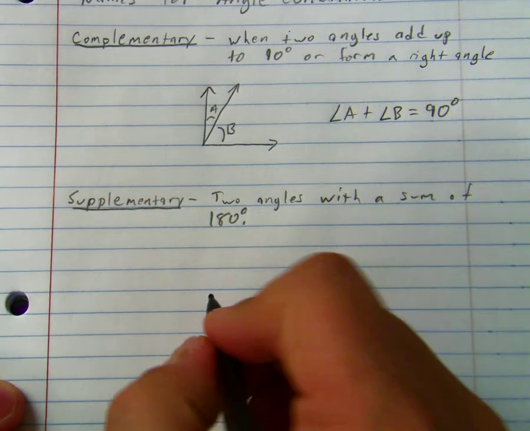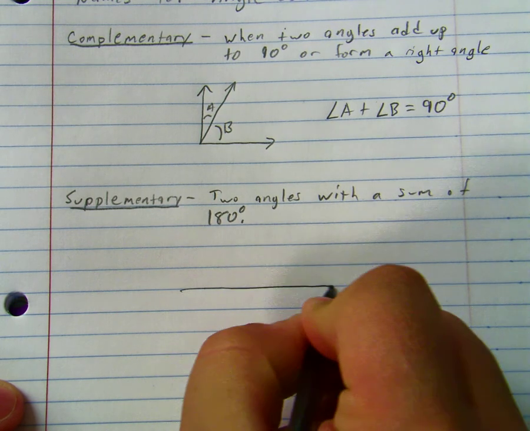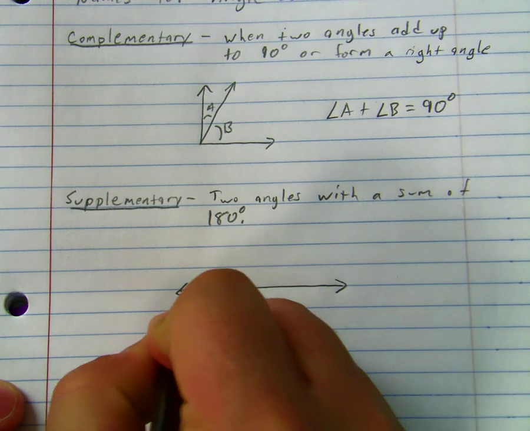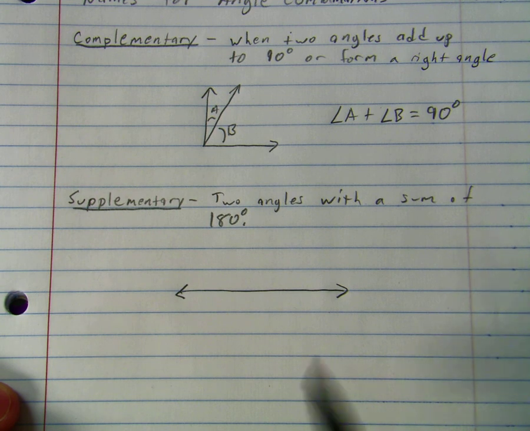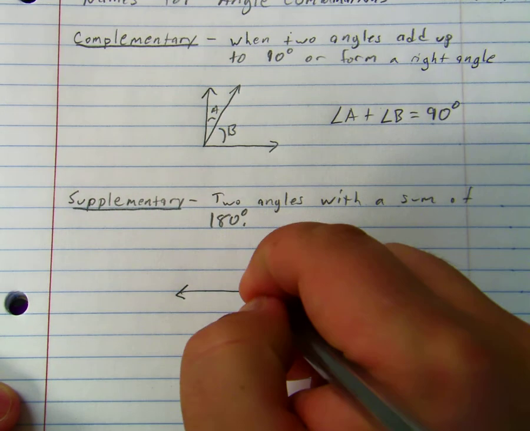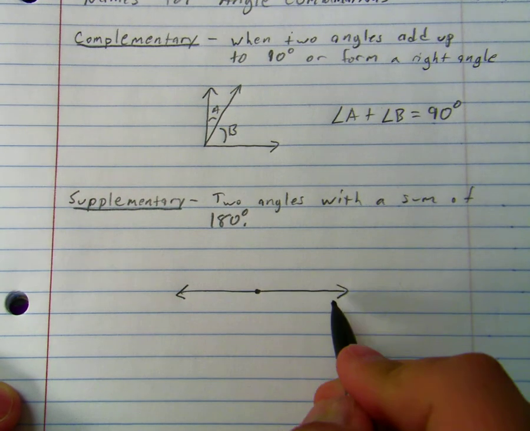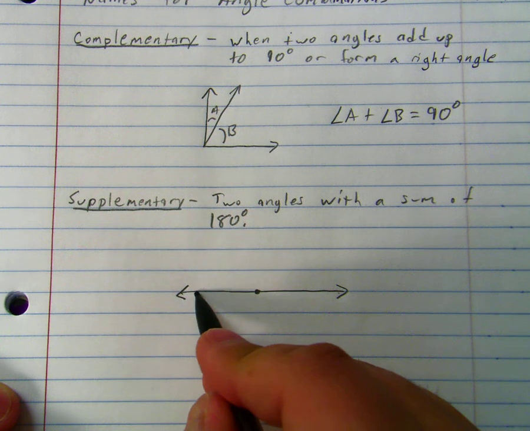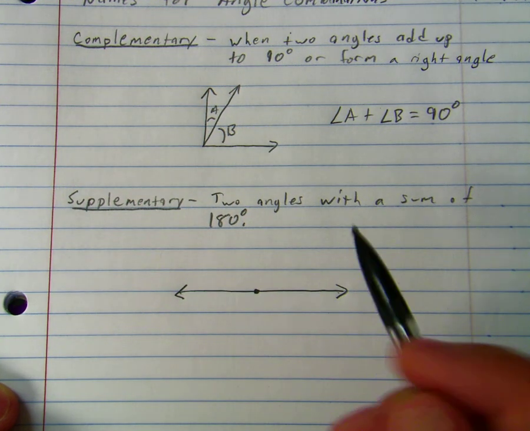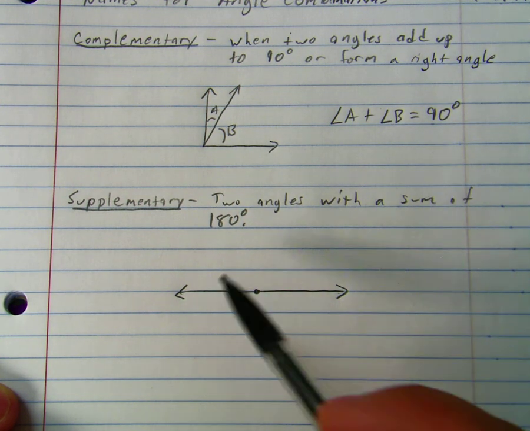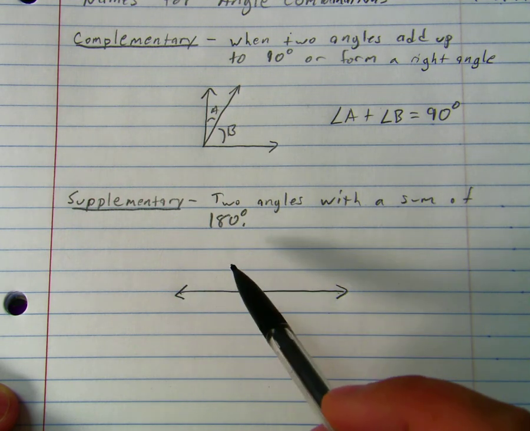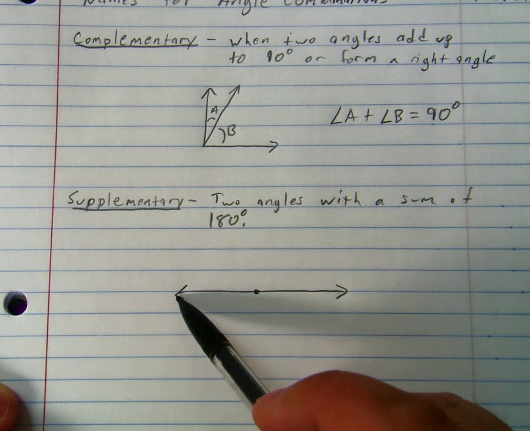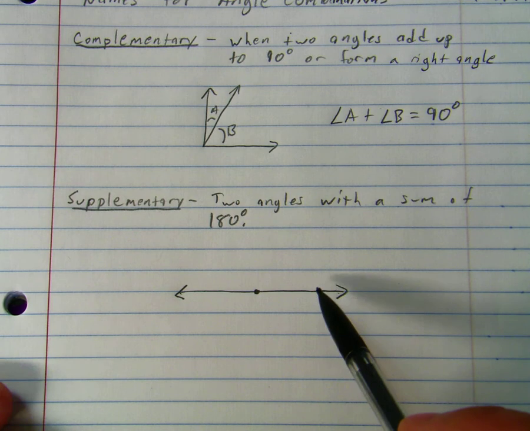So what I'm going to do here, I'm going to draw a line. If you want to do this at home or in class, you can grab a protractor and measure from this point to this point. It will be 180 degrees. And this is one rare occurrence where it doesn't matter which side you start with. It's going to be 180 degrees either way. So it's either 180 this way or 180 this way.